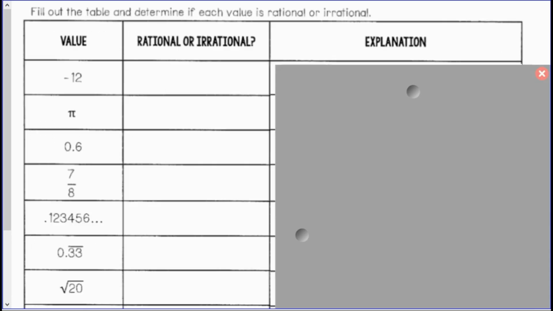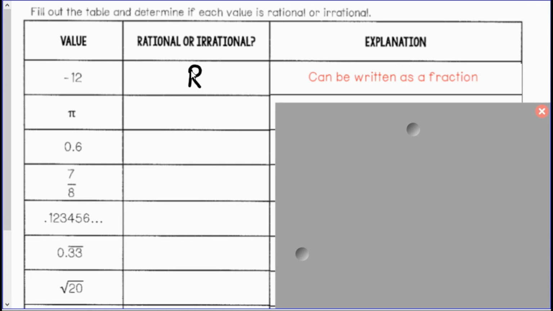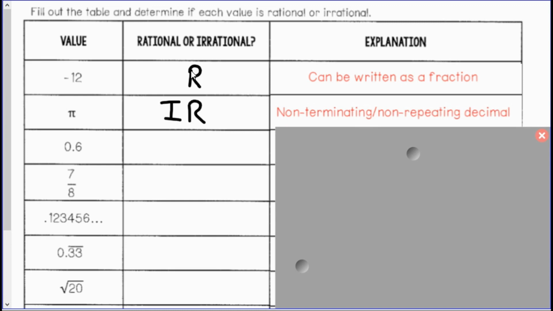Let's look at a few numbers and determine if they're rational or irrational. So -12 is a rational number because it can be written as a fraction. Pi is irrational. It never ends and it does not repeat. 0.6 is rational.